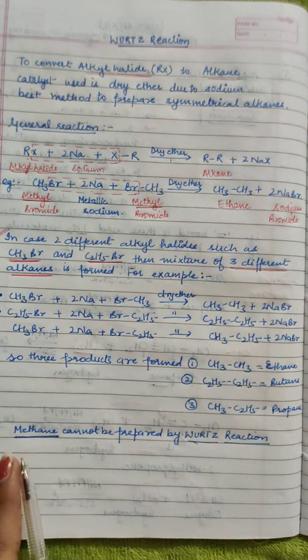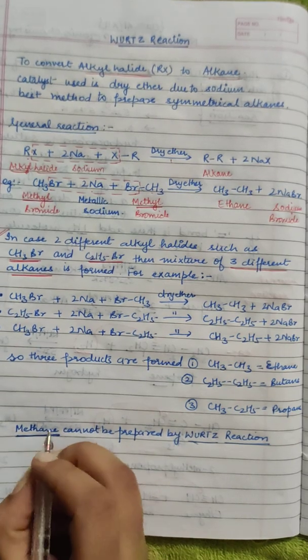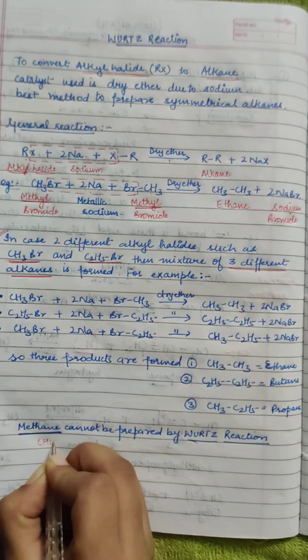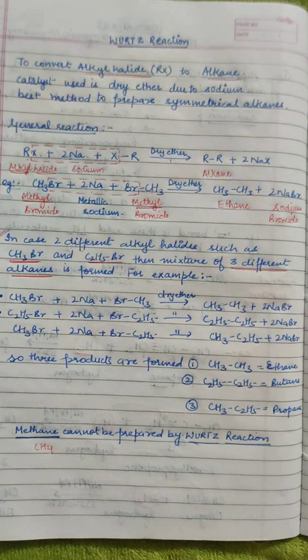The last important point which you need to keep in mind is methane. Methane formula is CH4. It cannot be prepared by Wurtz reaction. This is a question also, that methane cannot be prepared by Wurtz reaction. Why?